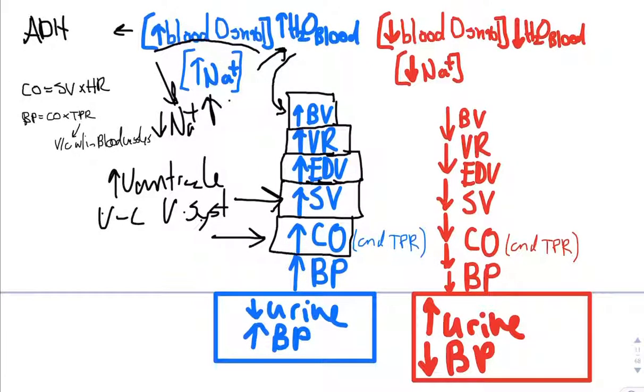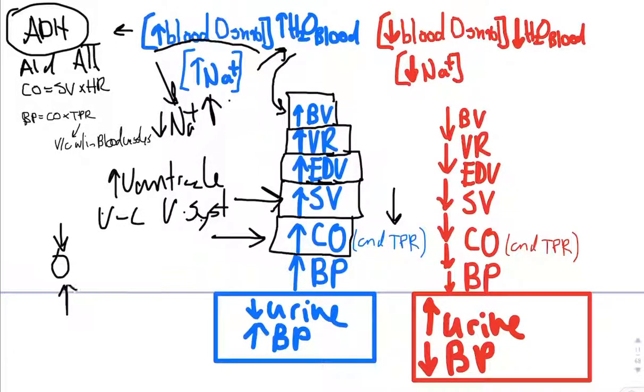So when you increase the cardiac output, you can also increase the total peripheral resistance, because usually these hormones like ADH, aldosterone, or even angiotensin II are going to cause vasoconstriction at the same time.